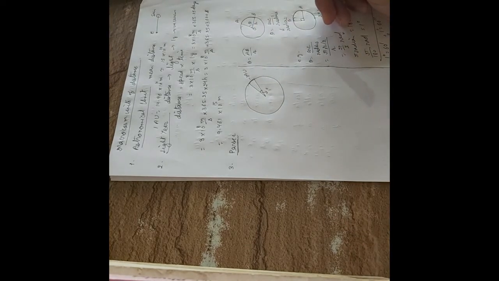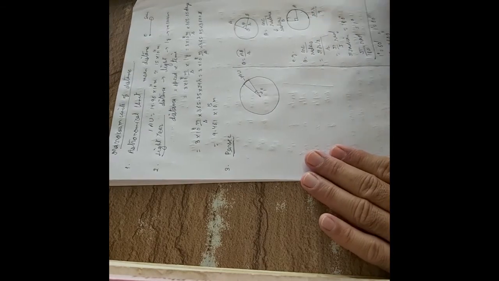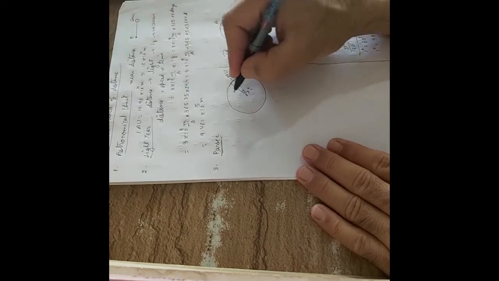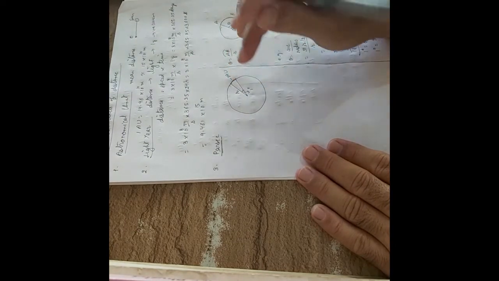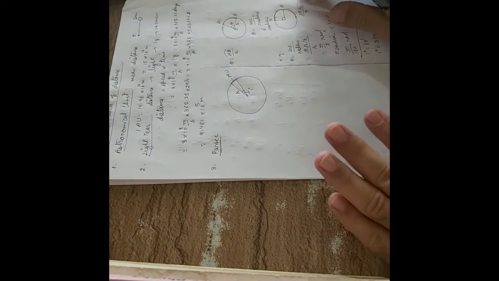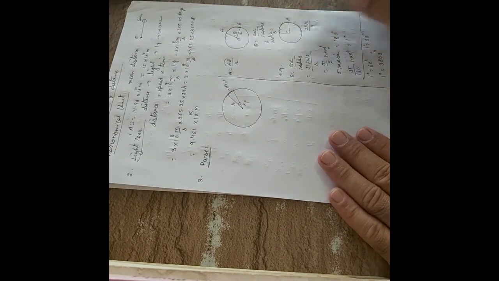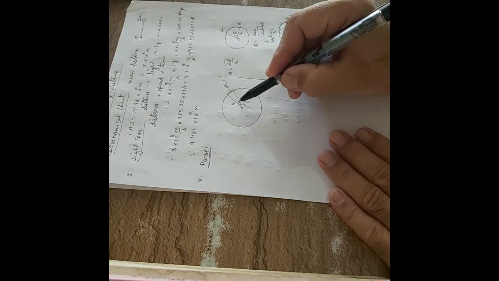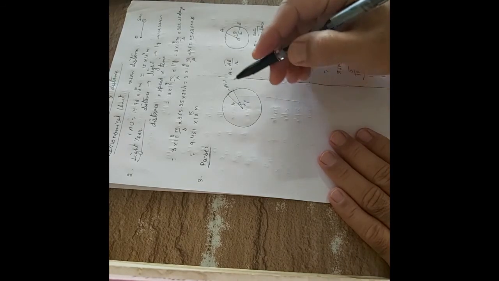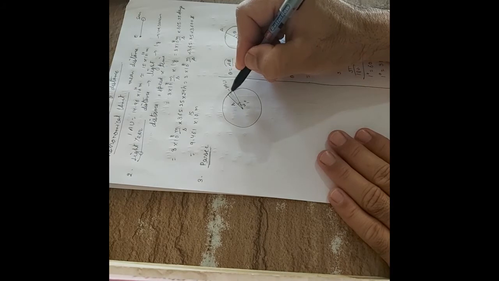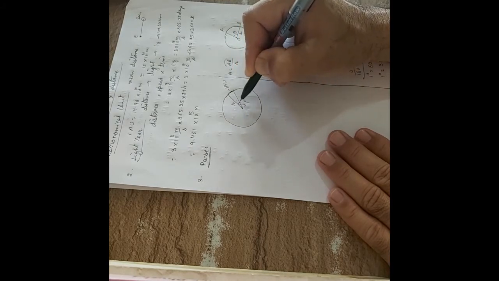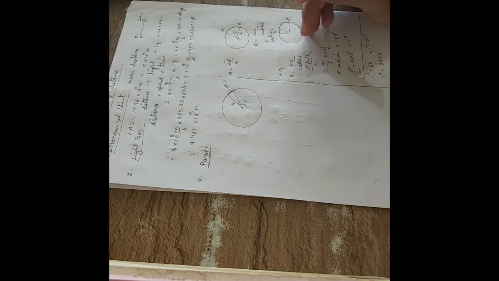It is the 3600th part of 1 degree. Then the radius of this circle is called parsec. So how can we define the parsec? 1 parsec is defined as the radius of the circle in which an arc of 1 astronomical unit subtends an angle of 1 second at the center of the circle.